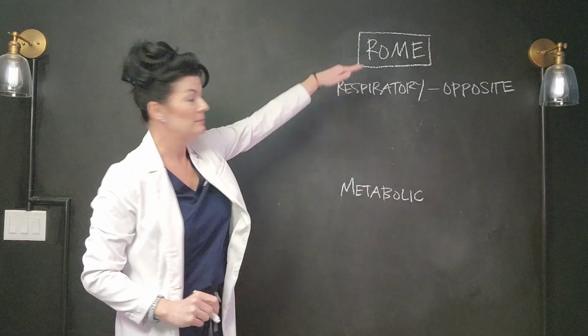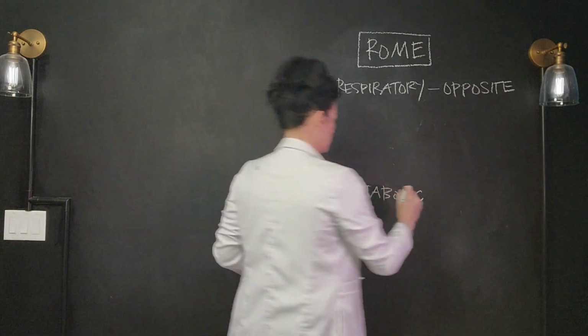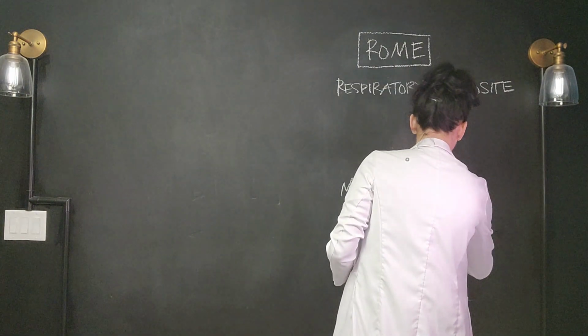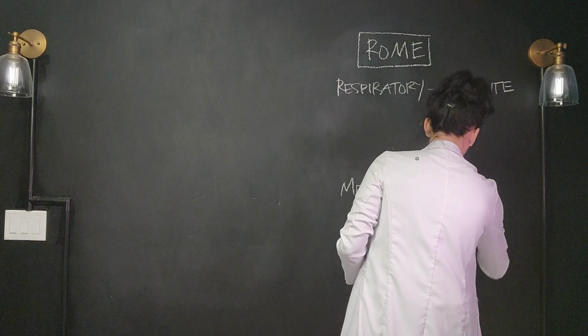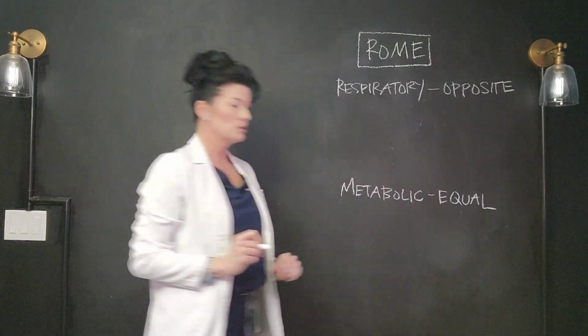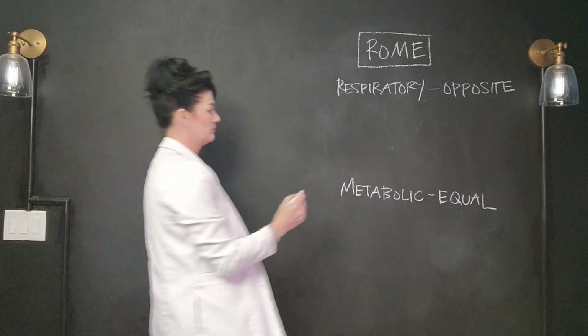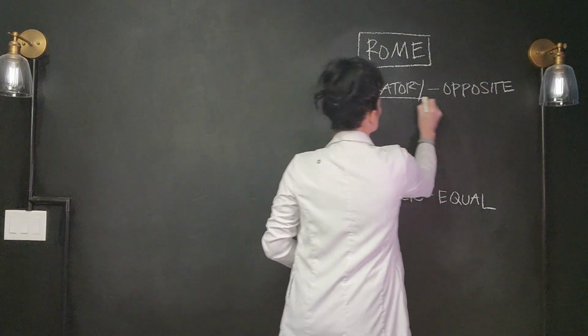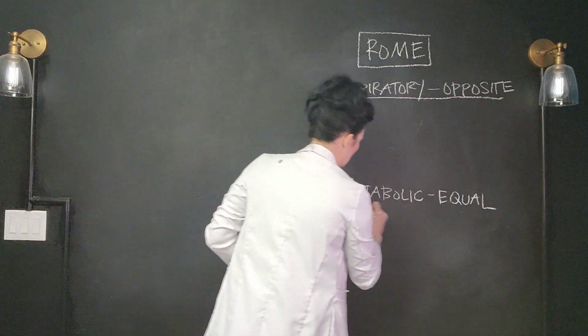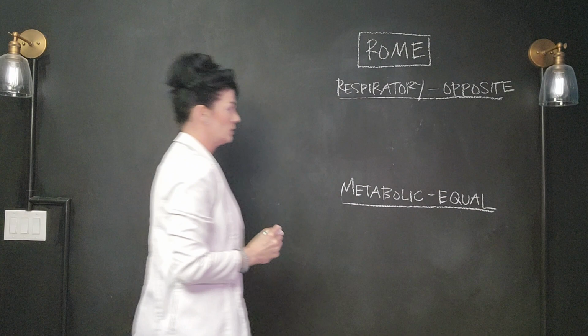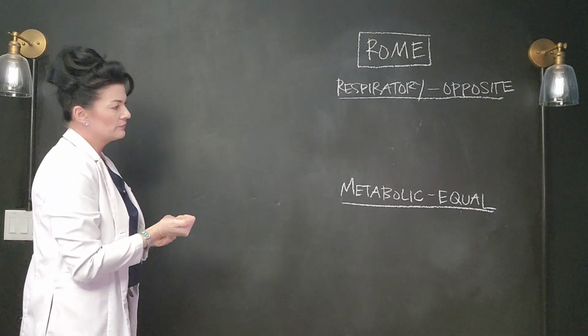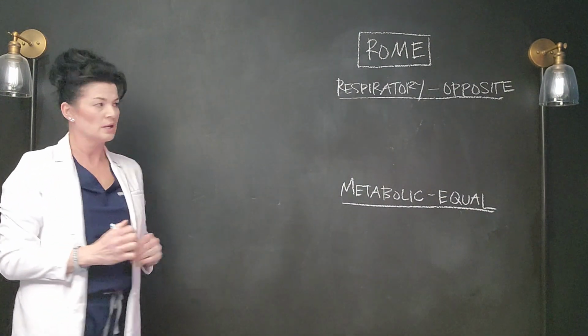So there's your M. And then our E stands for equal. Okay? So we're just going to start with that premise. We've got respiratory opposite, metabolic equal. All right, so we've got that set up so far.